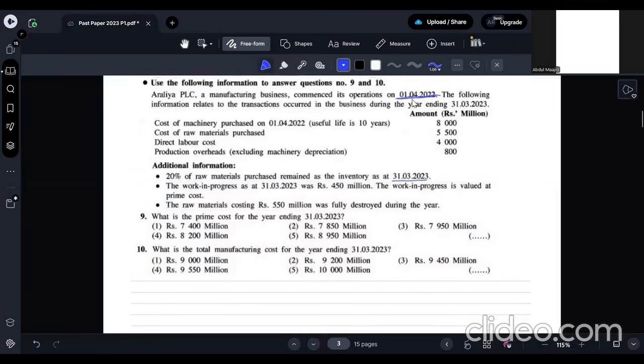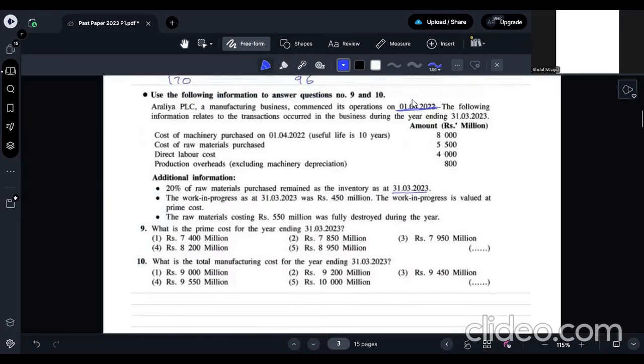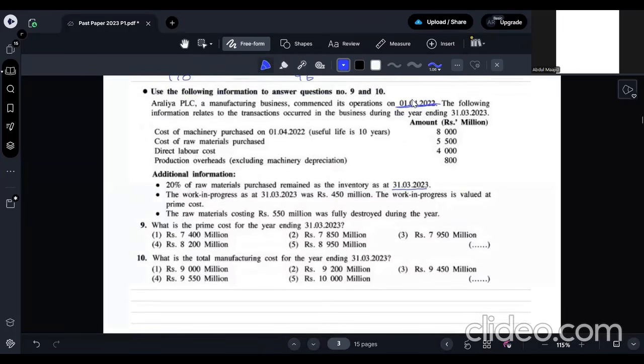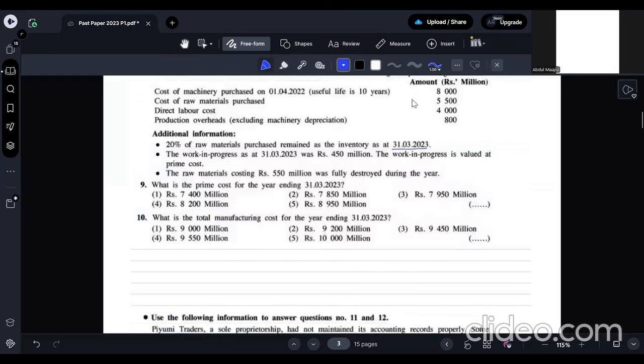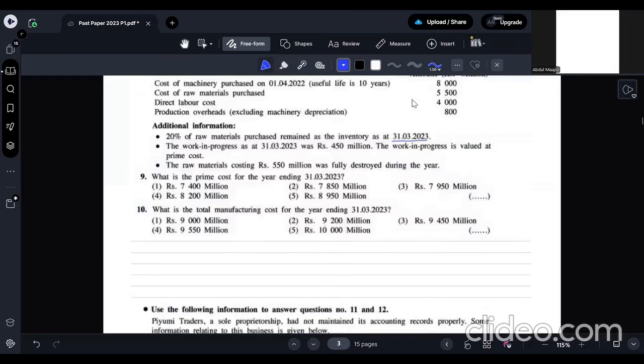Okay, so now we'll start calculating our prime cost. Cost of raw material purchase 5,500. Now see here, you will have to consider the additional information as well.